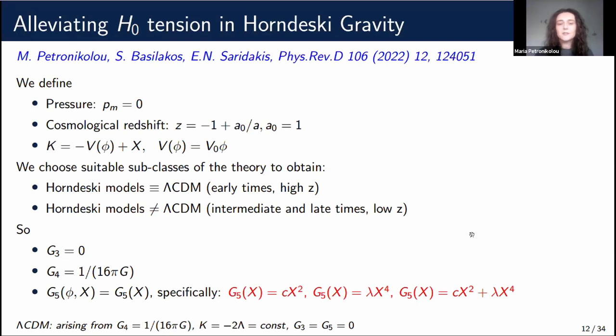In the first, the G5 term depends on x squared. In the second class, we have a quartic dependence on x, the kinetic energy of the field, and finally we have G5 as a function of the previous models.